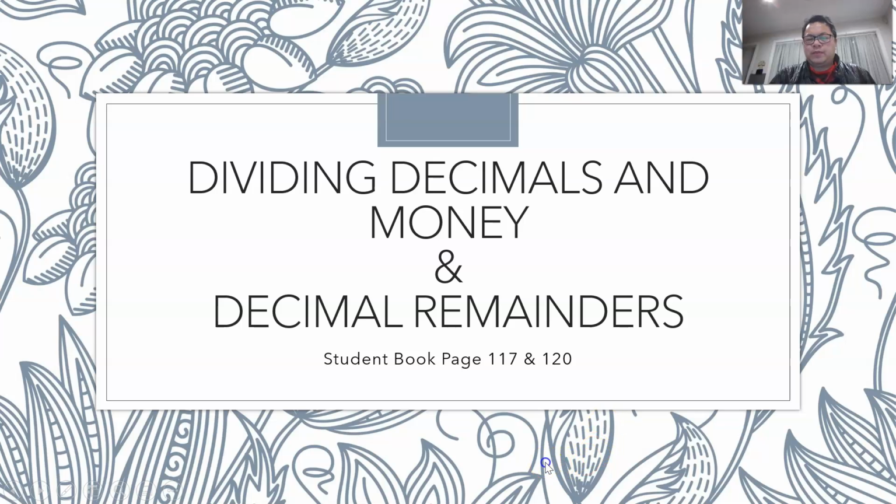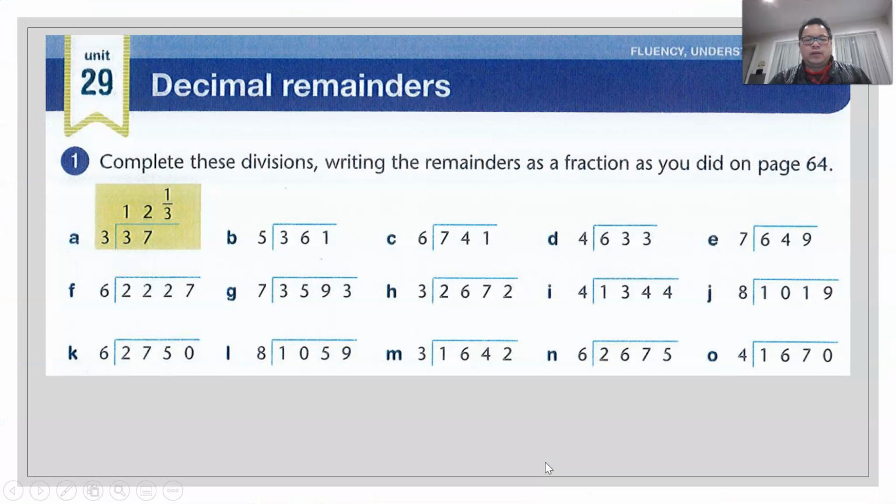Okay, moving on to decimal remainders. Yesterday we did decimal as a remainder, basically getting the exact answer. Today we'll touch on the fractional answer, recurring numbers. So what will happen? Say I have 2,675 divided by 6. Again, 26 divided by 6 is 4.